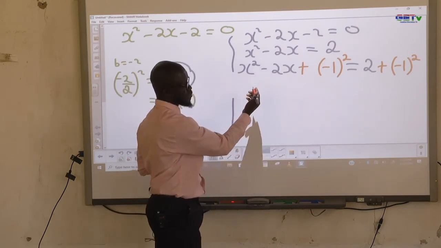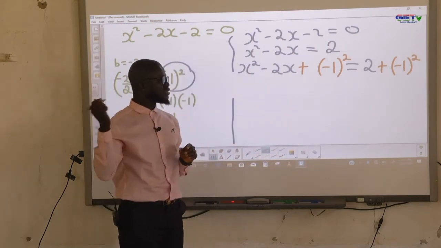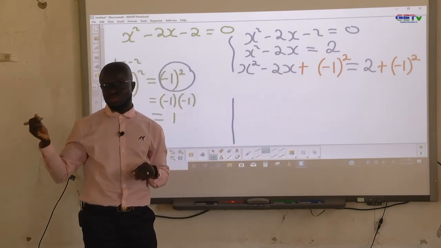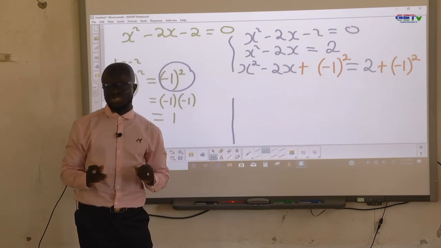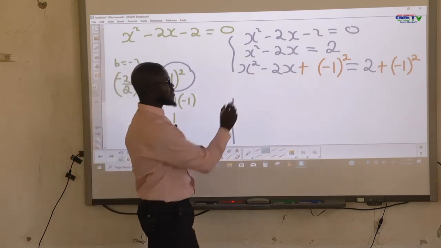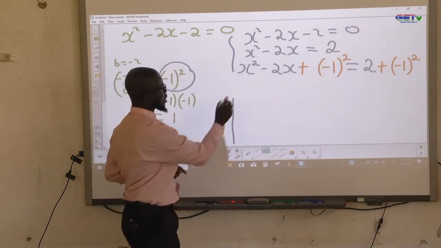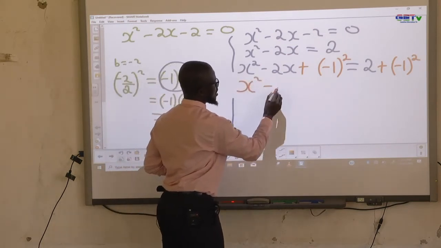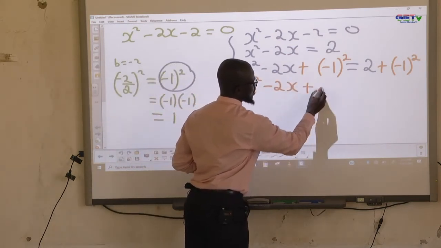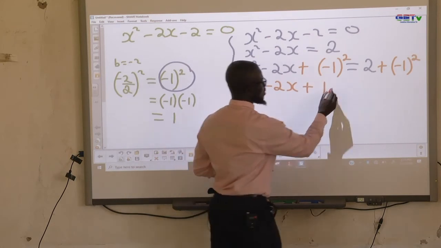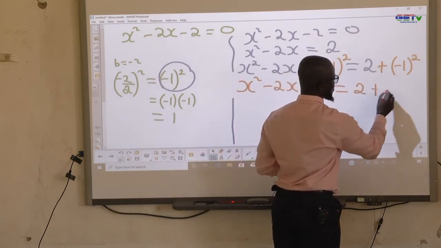So from here, I always relate this to the previous lesson you learned, and that was what? Factorization. Now, if this is further simplified like we did here, you will have x squared minus 2x plus 1 equals 2 plus 1.